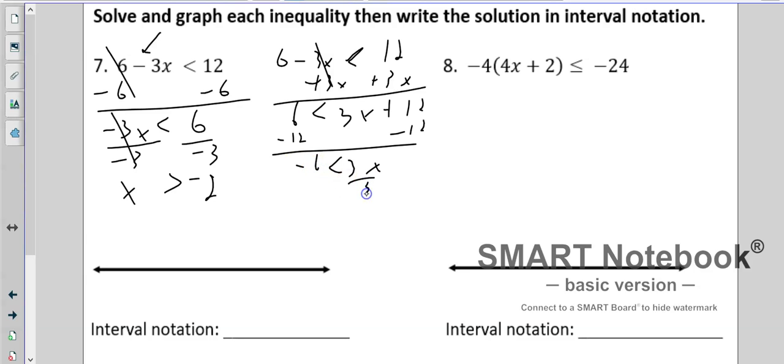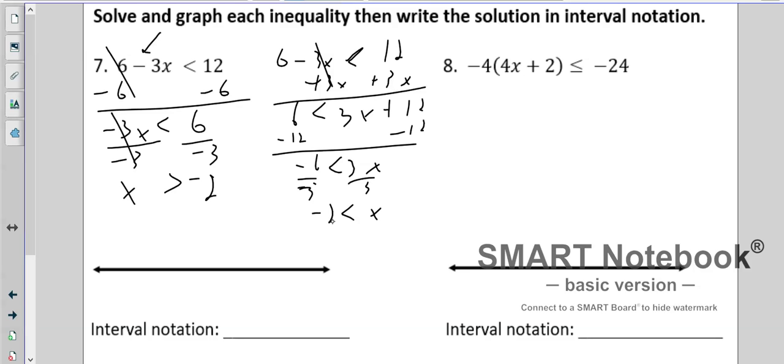And if I divide by 3 here, guess what I get? X is greater than -2, or -2 is less than x. That's why we flip the symbol. You can avoid it with more work by moving the negative coefficient over to the other side. It's just more work, but if you have a habit of forgetting that rule, that is an option.